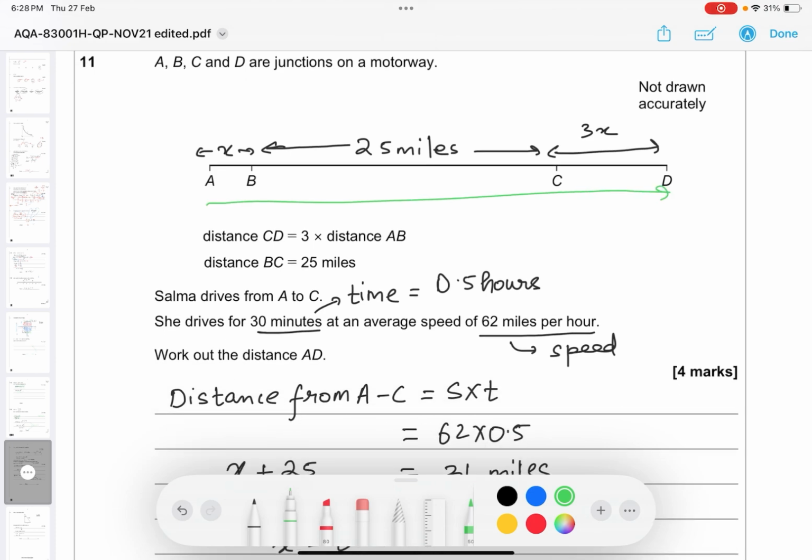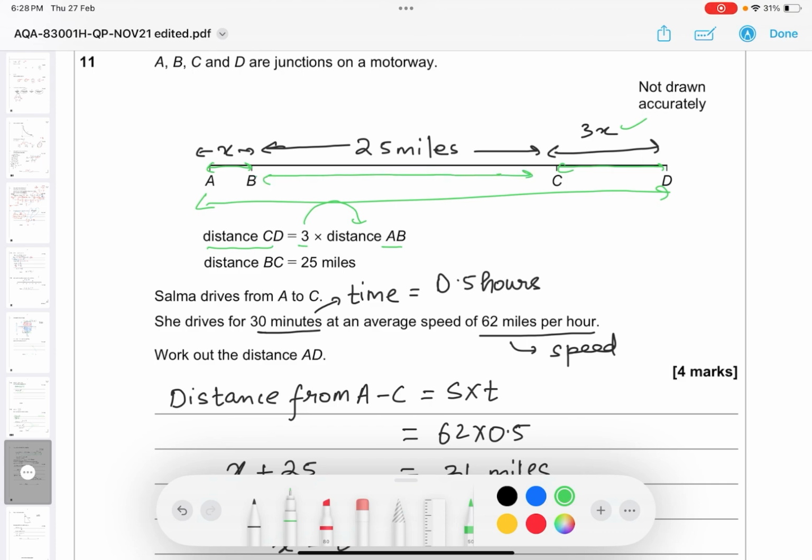Very simple question. So, we know that distance CD equals 3 times distance AB. So, let the distance AB be x. So, what will be the distance of CD? It would be 3 times x. Yes or no? Now, this distance B to C is 25 miles.